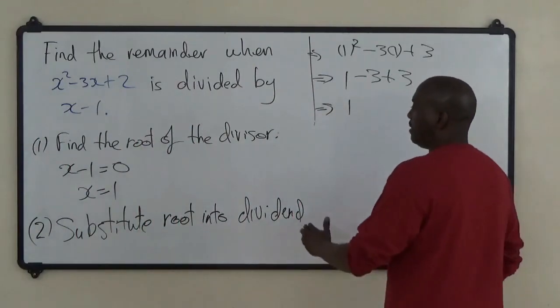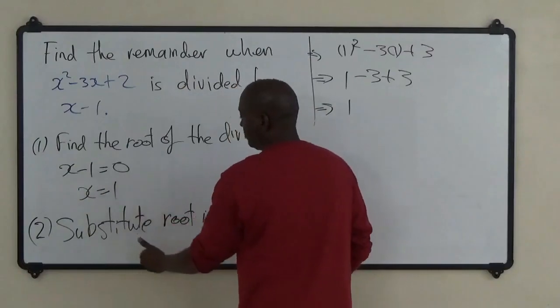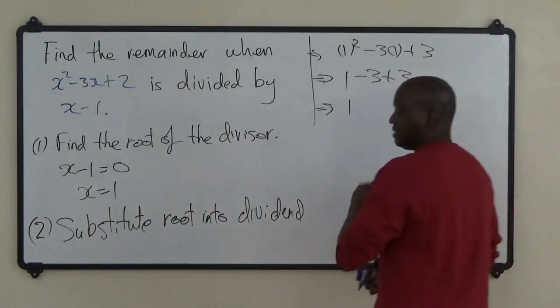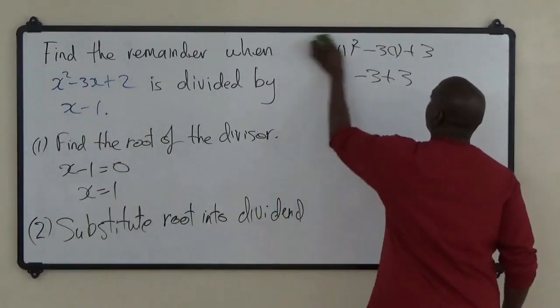So again, step 1, find the root of the divisor. X minus 1 is equal to 0, x is equal to 1. Substitute the root into the dividend. Boom. In this case, we have a slightly different scenario because we have a different dividend to start with.